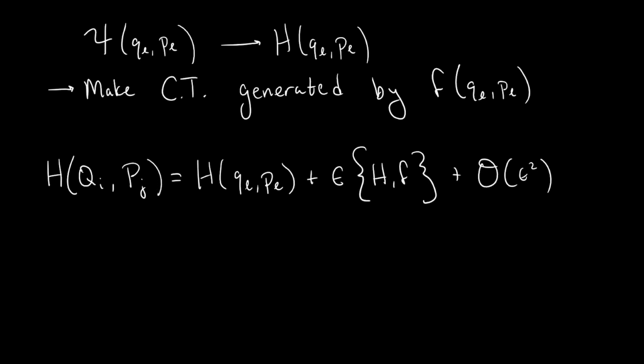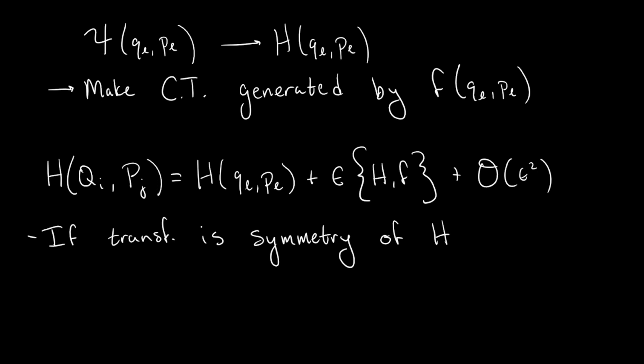Okay, so now here's an interesting point. If the transformation is a symmetry of the Hamiltonian, then that means that my transformed Hamiltonian should be exactly equal to our old Hamiltonian.